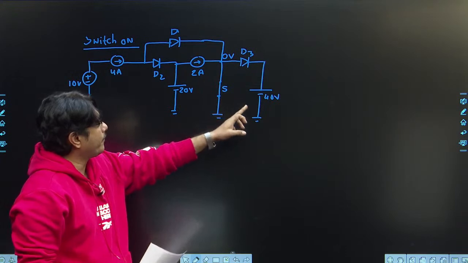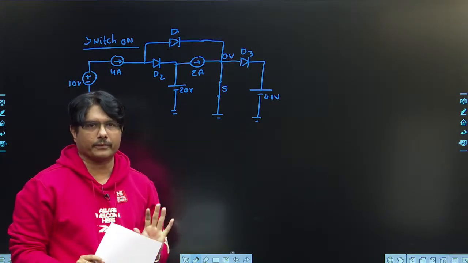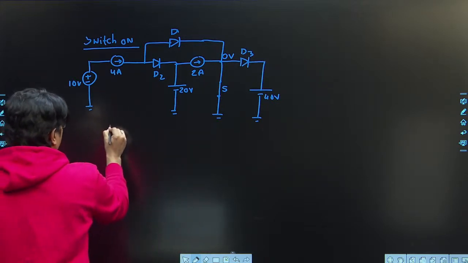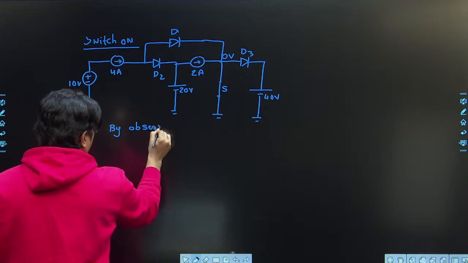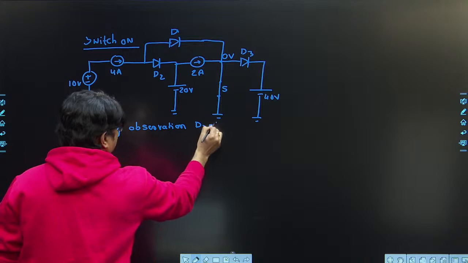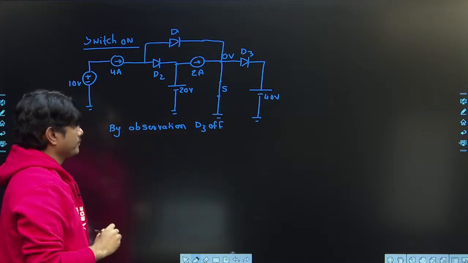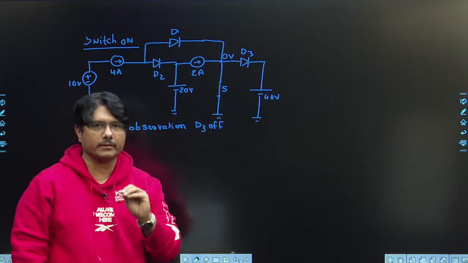With 0 and 40, just by observation, without doing anything, we can say D3 is off, because the anode voltage is 0 and the cathode is 40.